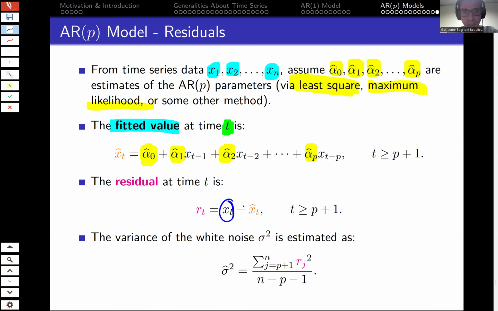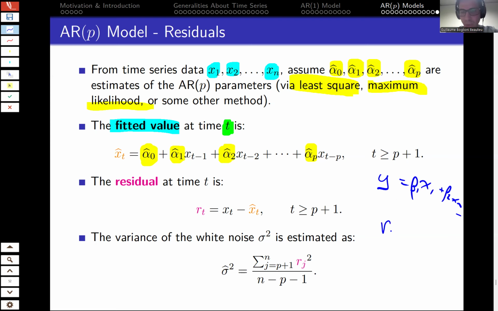This is really like in linear regression, where you often regress y as a function of x1, x2, so you have beta 1 x1 plus beta 2 x2, etc., so that you would have your y hat.